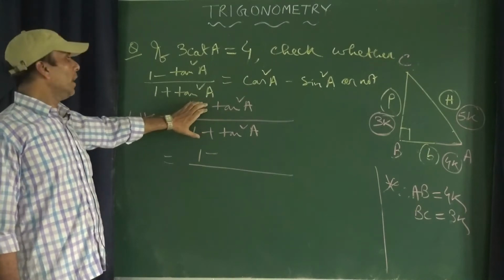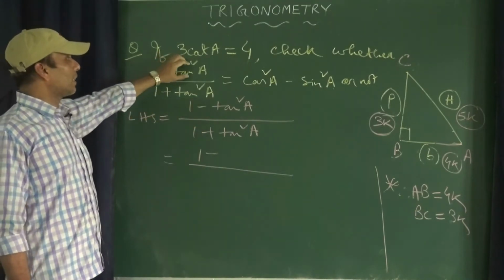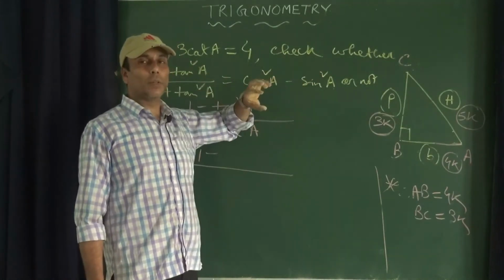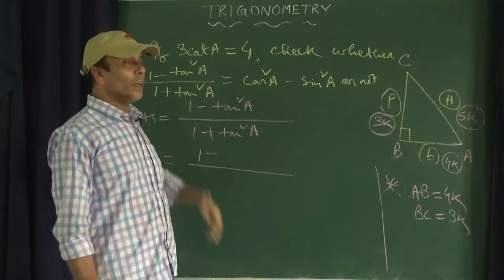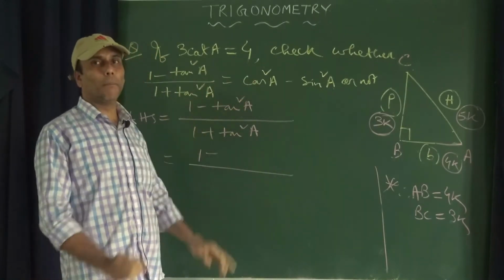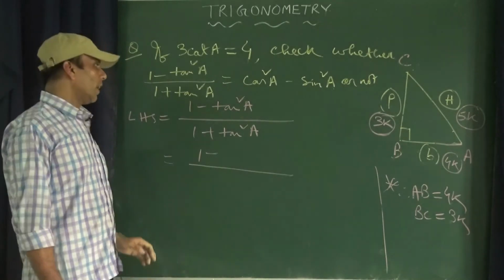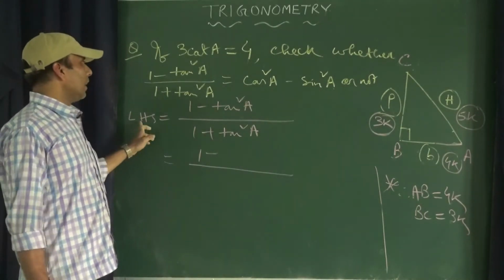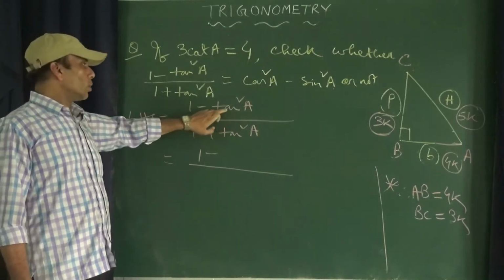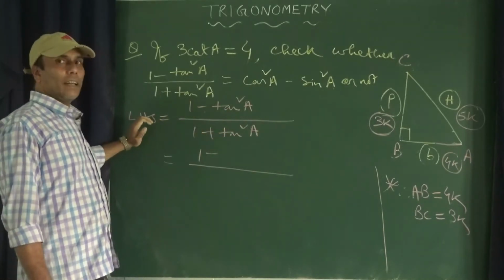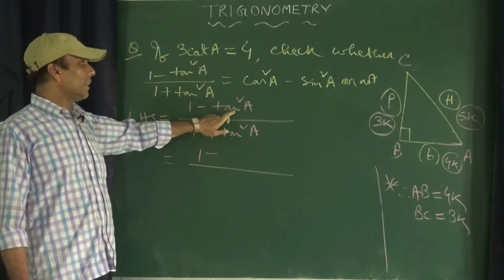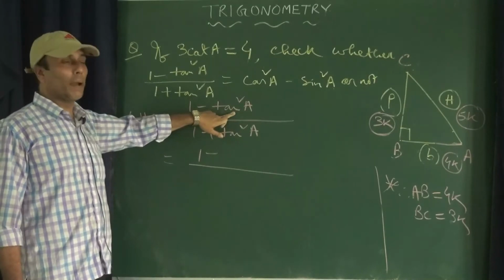Otherwise, we can separately calculate tan A, cos A and sin A, put those values in the left hand side and right hand side, and then compare whether they are equal or not. Like that it can be done. Otherwise we can take the left hand side and put the values here. So 1 minus tan A, where tan theta is perpendicular by base.